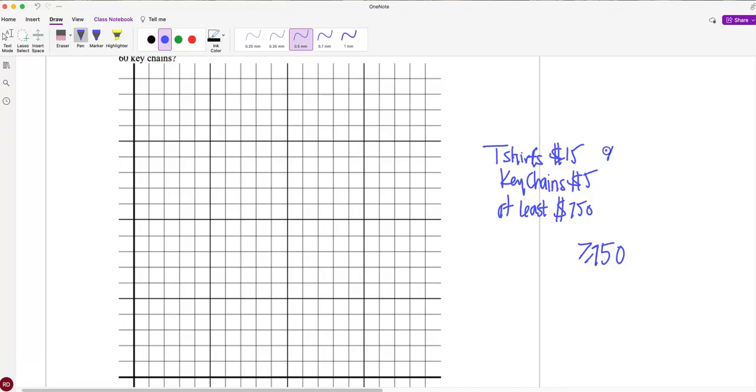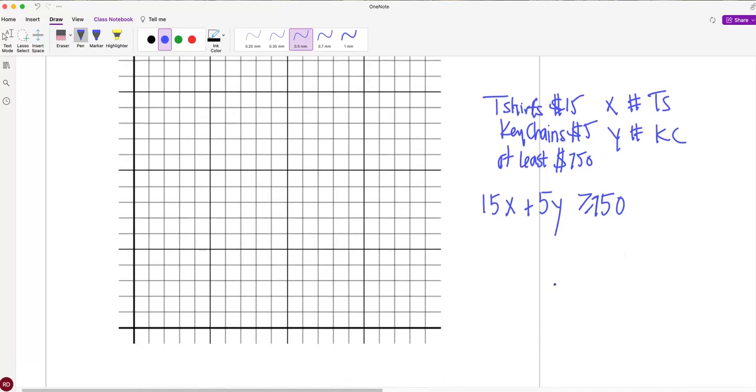Let's let x equal the number of t-shirts and y equal the number of keychains. Then I know that 15x plus 5y has to be greater than or equal to 750. So let's graph the line that's 15x plus 5y equals 750.